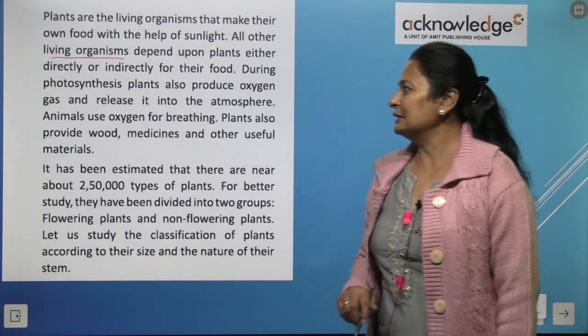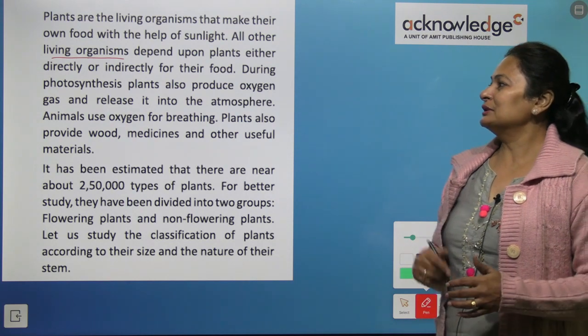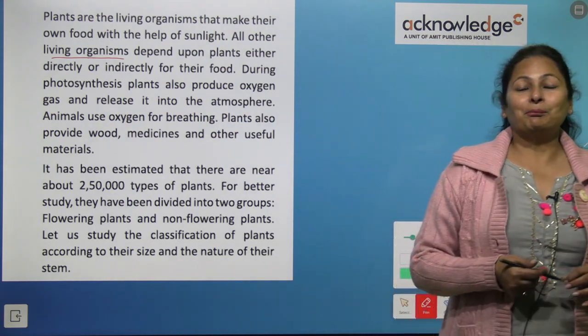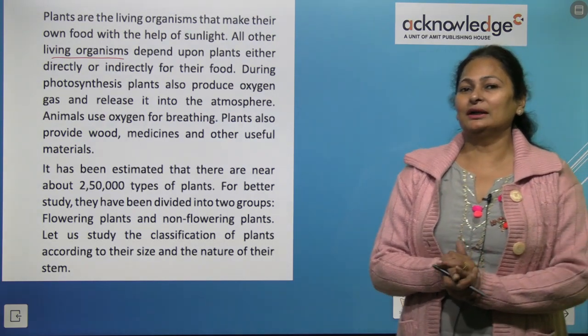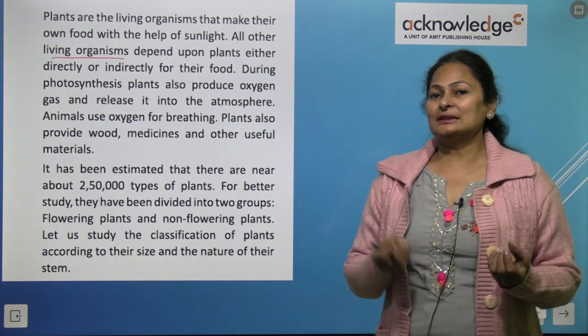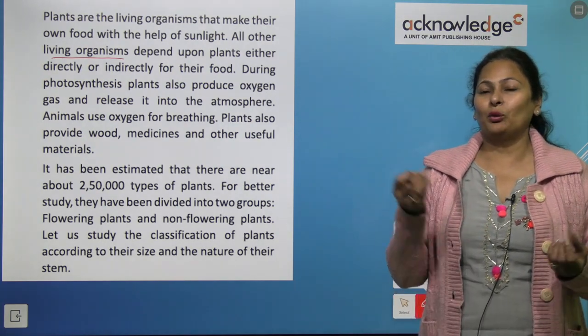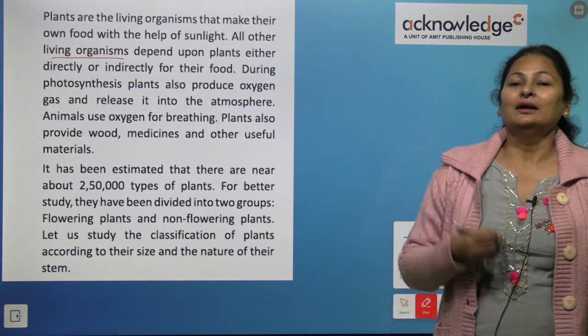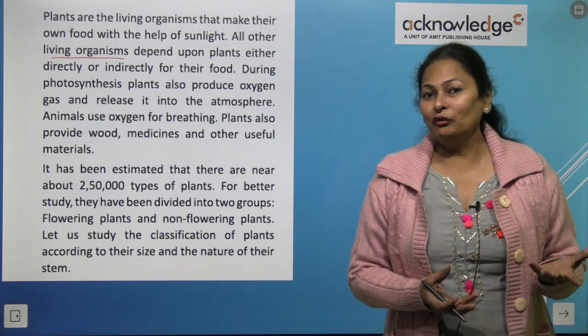During photosynthesis, plants also produce oxygen gas and release it into the atmosphere. We have learned in earlier classes that plants do photosynthesis with the help of sunlight, water, soil, carbon dioxide and chlorophyll, so they prepare their own food.